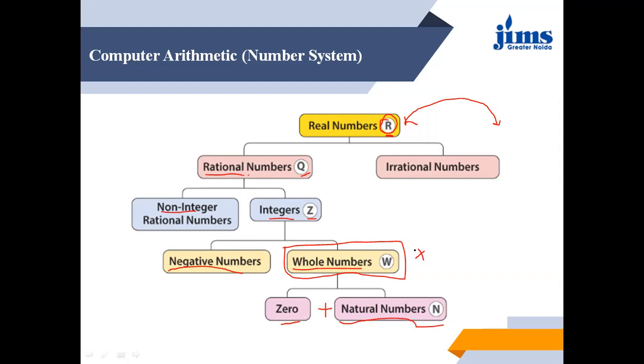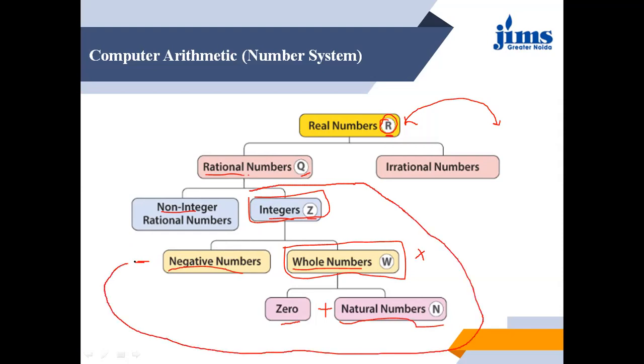When we add the positive number system with the negative number system, it is called integers. So first we will try to understand our concept up to integers on binary numbers.